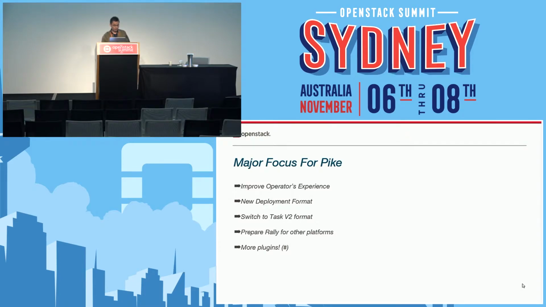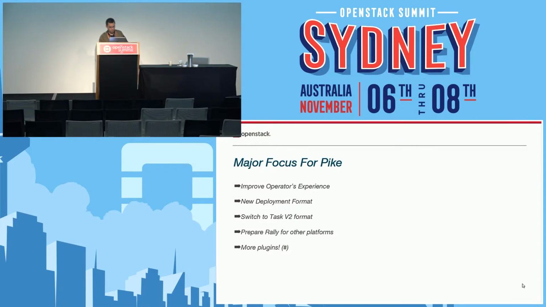For the Pike release, we focused on 5 major features. We need to improve operators' experience, primarily the task format and deploy format. And we need to prepare Relay for other platforms.